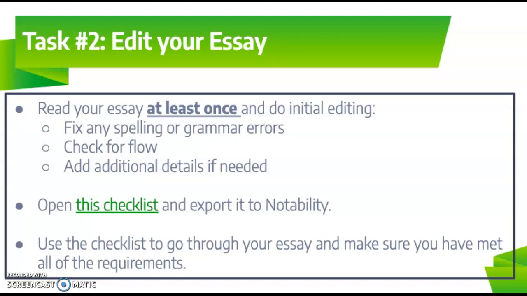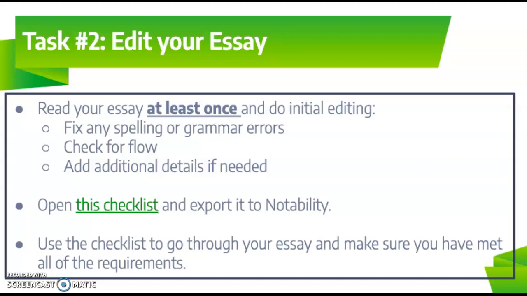Because we didn't write it in one sitting, you might see that it doesn't quite sound like it flows. So adjust it wherever you need to so it sounds like a complete essay that goes together. And then add any additional details if needed. If you notice one paragraph seems not clear, like you need to add more information, or if one paragraph is way less informative than your others, you might want to go back and add some additional details.